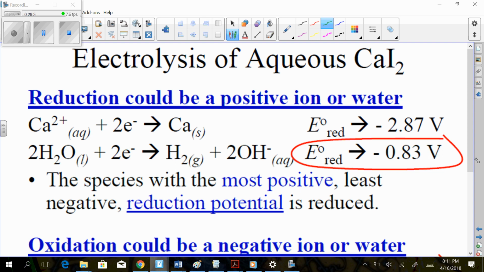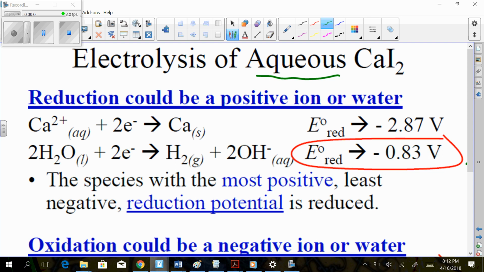Okay. The thing you might have to look at is, if you have an aqueous salt, meaning that salt dissolved in water, you have a competing reaction. You could have the actual ion being reduced or oxidized, or you could have water being reduced or oxidized. So how would you know which one?